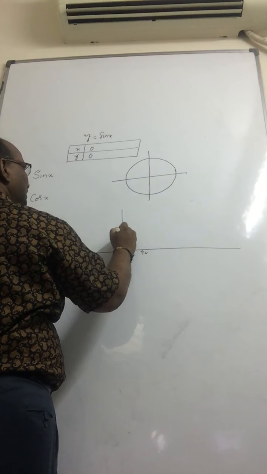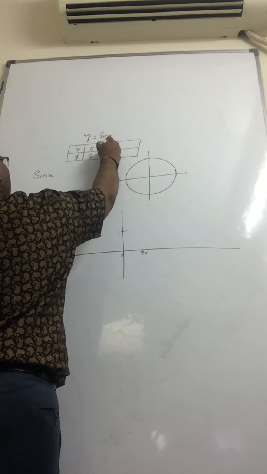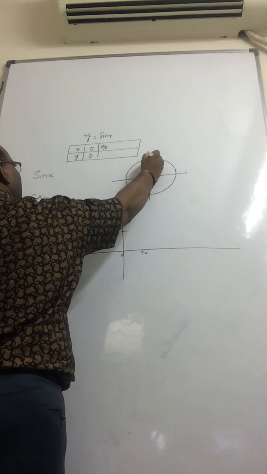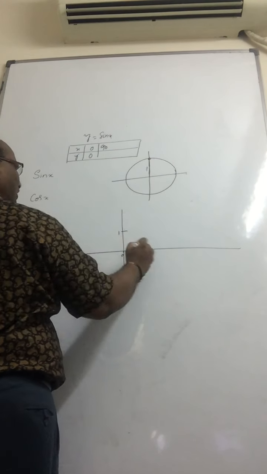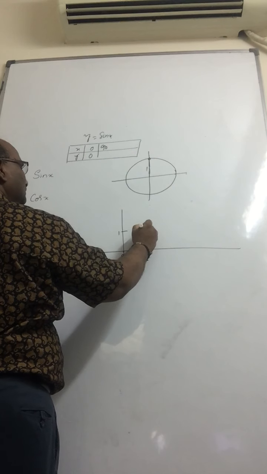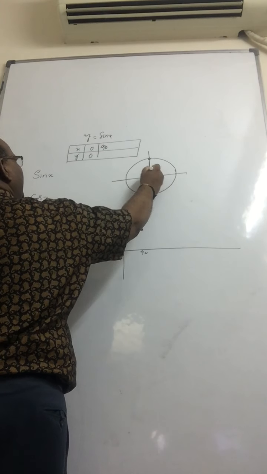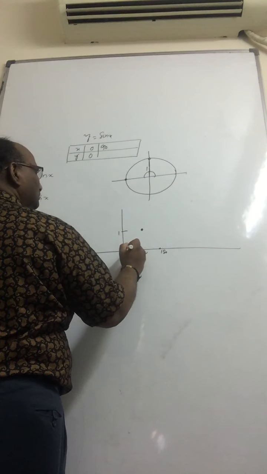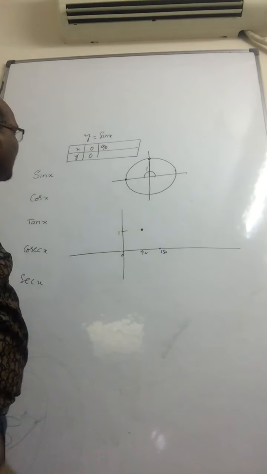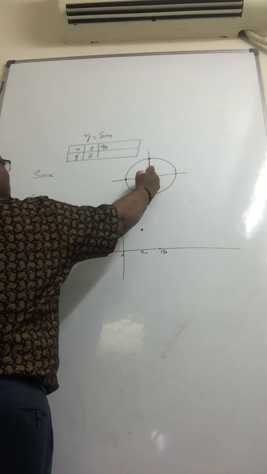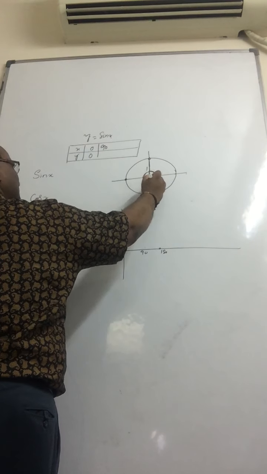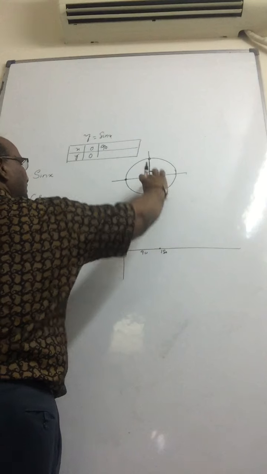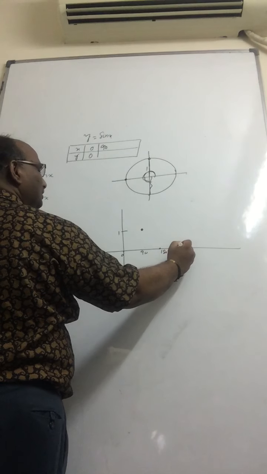For 90, this distance, this is the unit circle, 1. For 180 degrees, here the y value is 0. For 270 degrees, this y coordinate is minus 1.